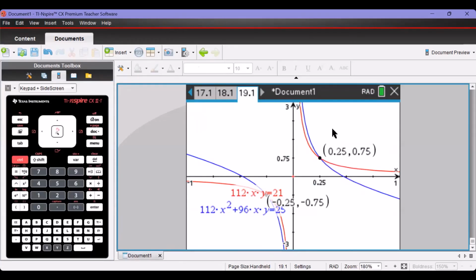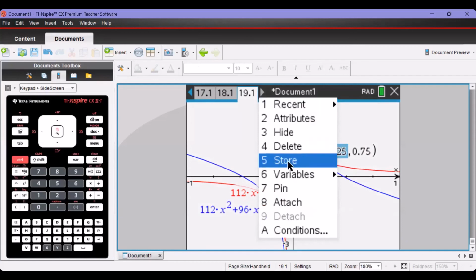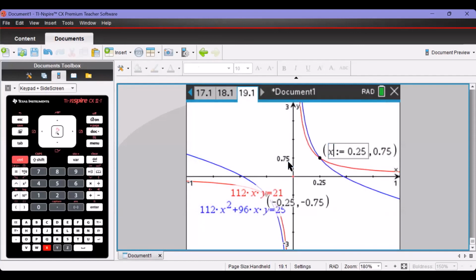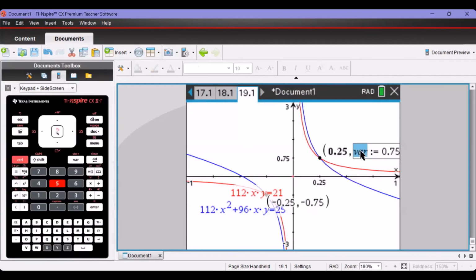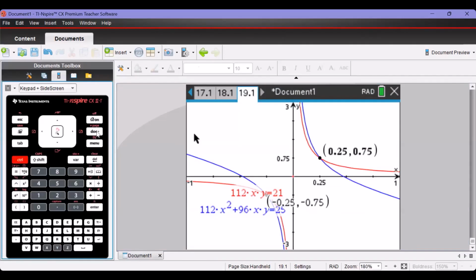So therefore, x is equal to 0.25 and y is equal to 0.75. What we can do now is store this value as x. So press Control Menu, 5 for store it as x, press enter, and then Control Menu, 5 for store that as y, press enter.